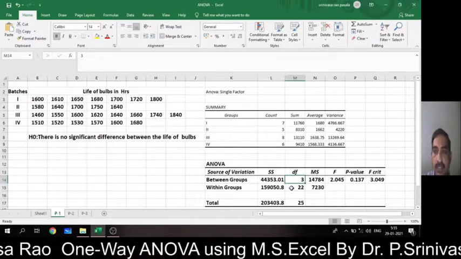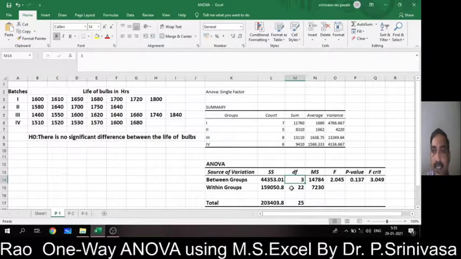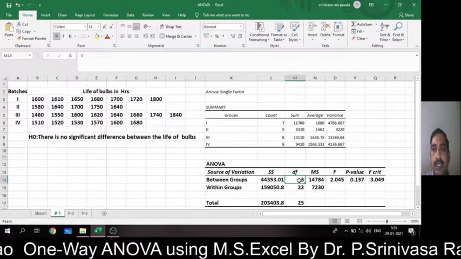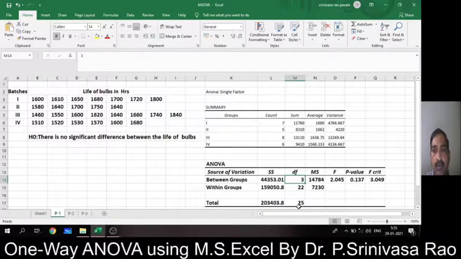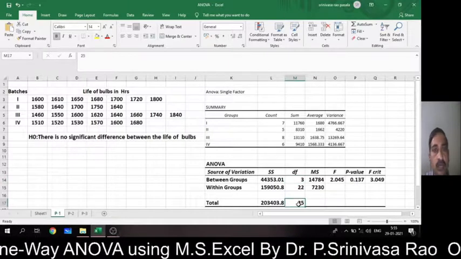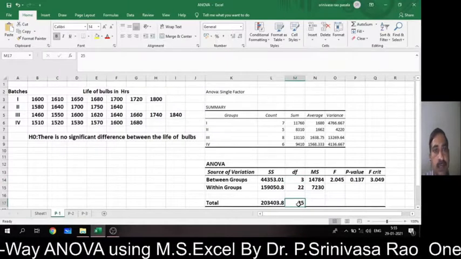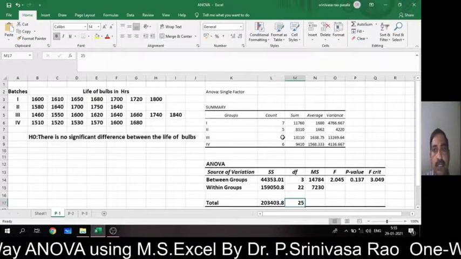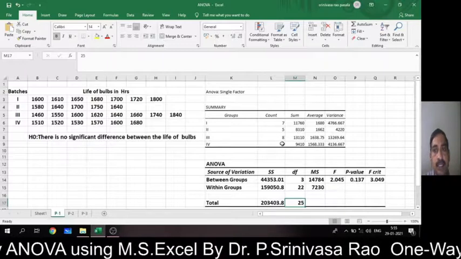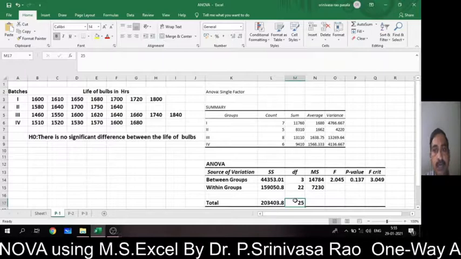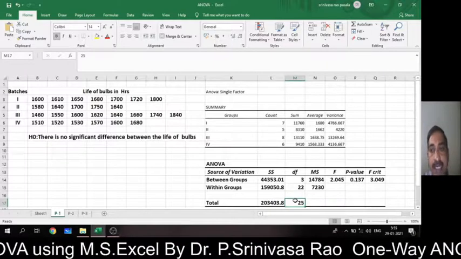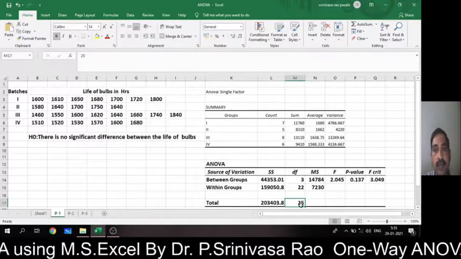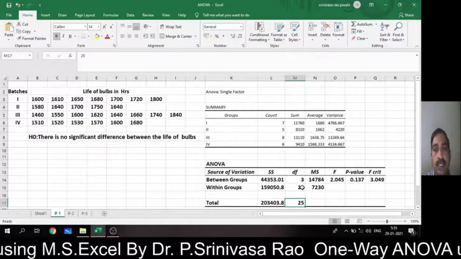So 4 minus 1 is the linear constraint, so that's why 3 degrees of freedom. The total sum of squares is based on how many observations there are: 26 observations. So 7 plus 5 plus 8 plus 6 is 26 observations.